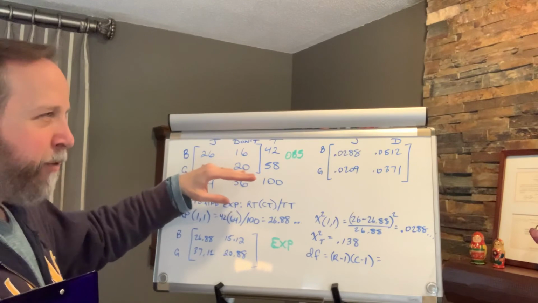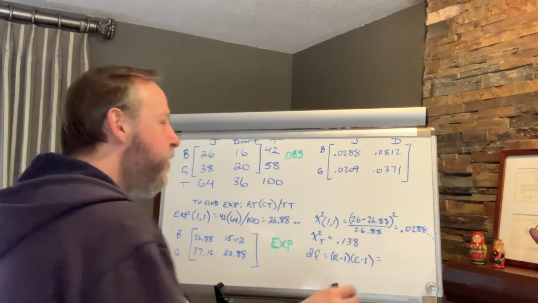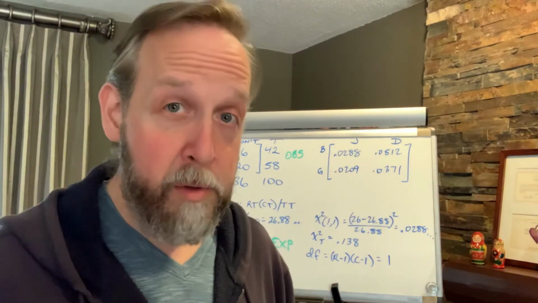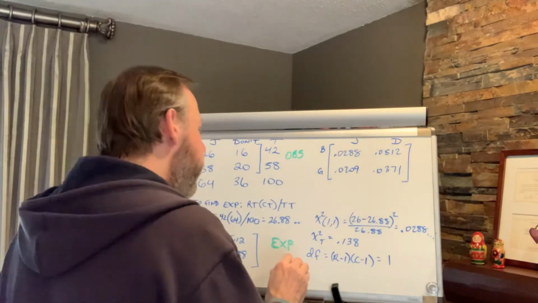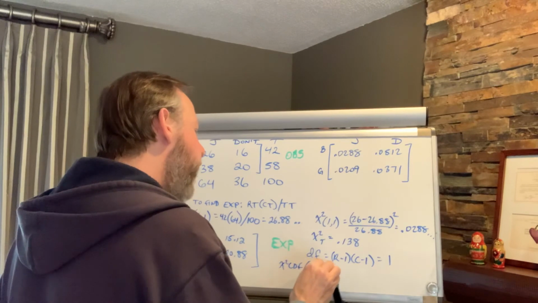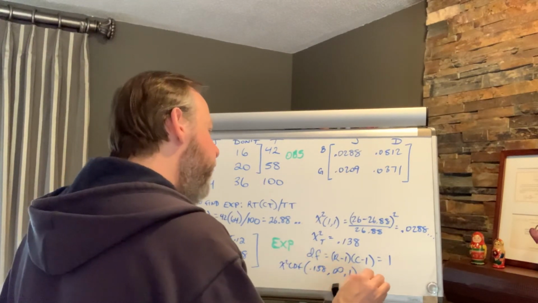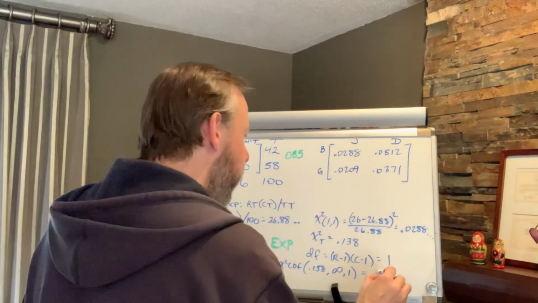Rows minus 1 is 1, and columns minus 1 is also 1. So this is a 1 degree of freedom matrix. It's a very low degree of freedom because it's a very small matrix. Then we do chi-square CDF again from our chi-square total of 0.138 to an infinite bound with 1 degree of freedom. That finally gets us our p-value, which is 0.7103.